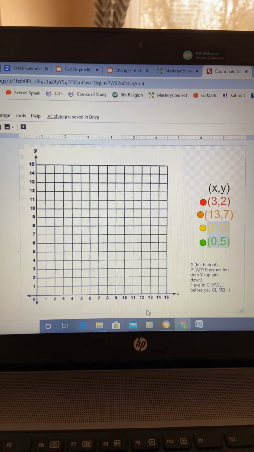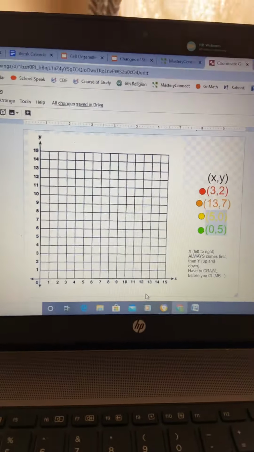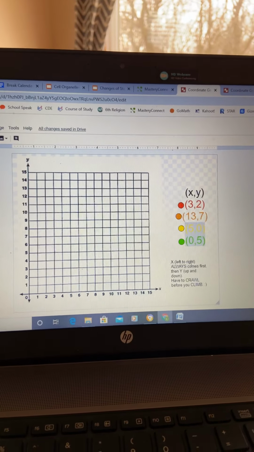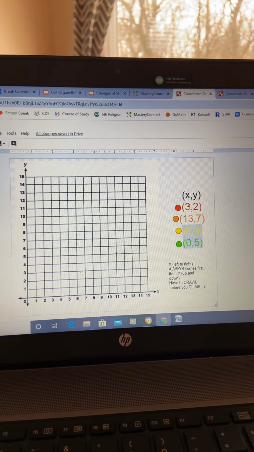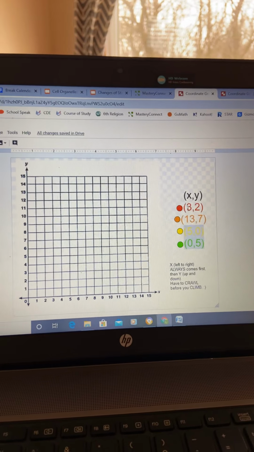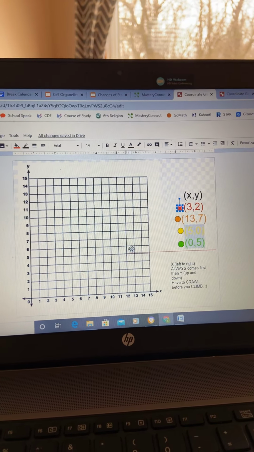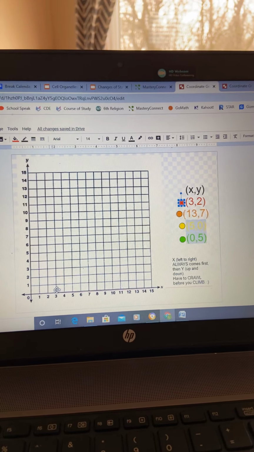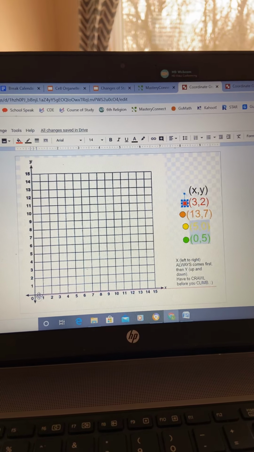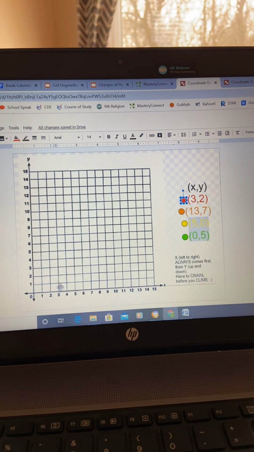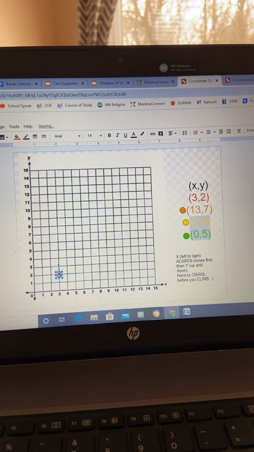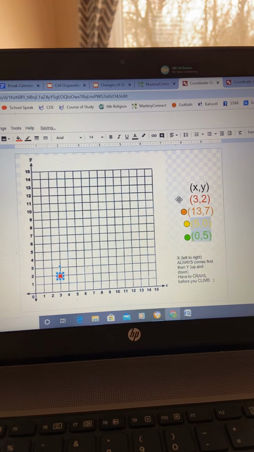So for the first one, we have 3, 2, okay? So that means that your X is 3 and your Y is 2. All right, so I'm just gonna take this red dot, and then we're gonna go over to 3 on the X and then up to 2 and put your dot, okay?